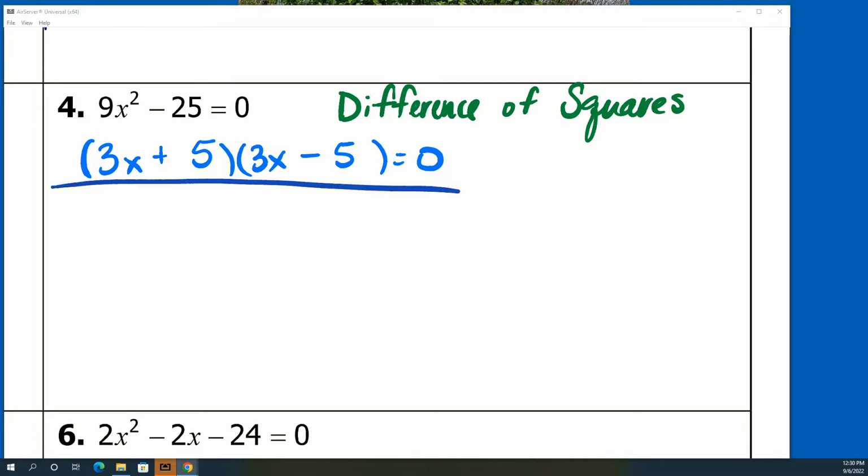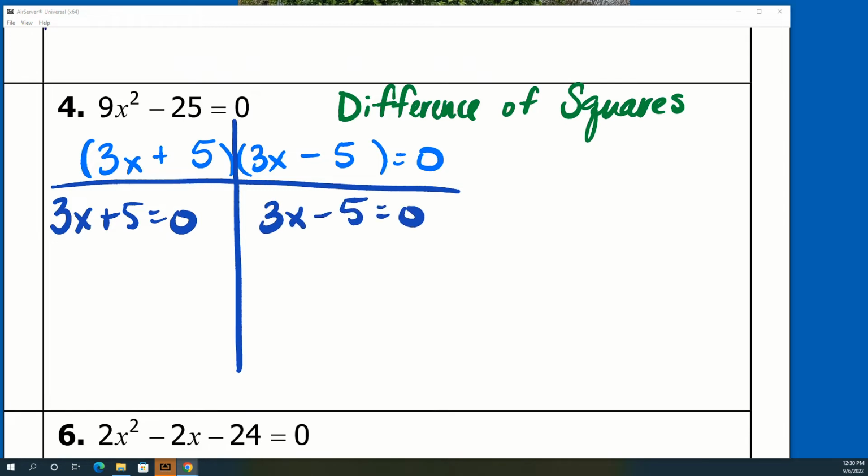Then you're going to set each of those equal to 0. So we have 3x plus 5 equals 0 and 3x minus 5 equals 0. Now, because there's multiplication and addition and multiplication and subtraction, this is going to be a 2-step equation.